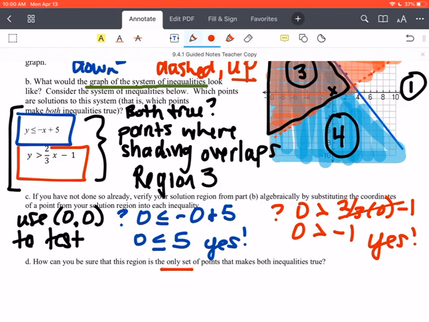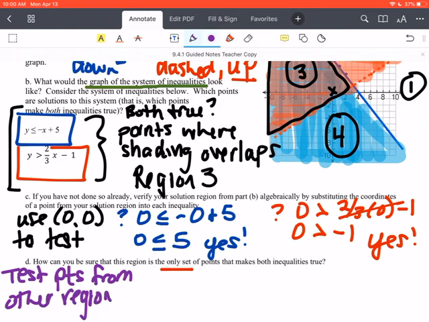Okay, well, we can simply test points from other regions. So, for example, if I look at region 1, let's get a point. 6, 0. Hopefully you agree with me that 6, 0 is a point.